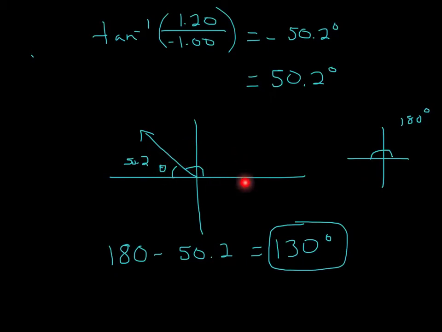Since we know that half a circle is 180, we can subtract 50.2 from it. 180 minus 50.2 will get you the angle of 130, which is this part right here.